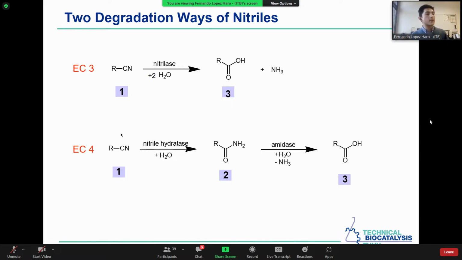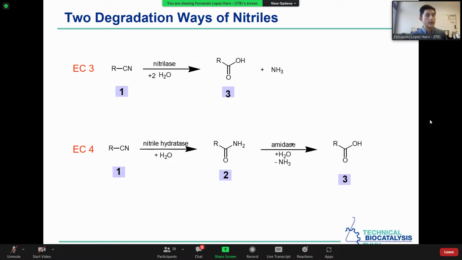Again you have 2 substrates producing a single molecule, and you again create a double bond in the process, and you would go from nitrile to an amide.